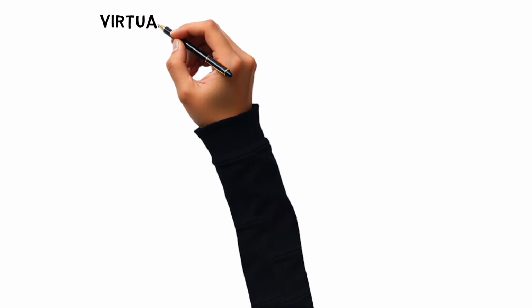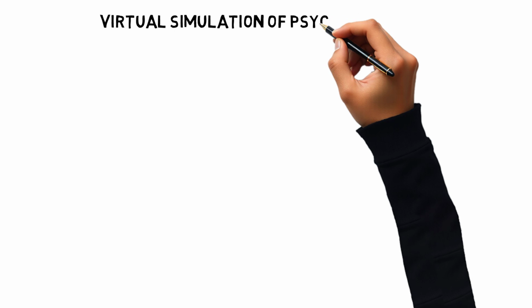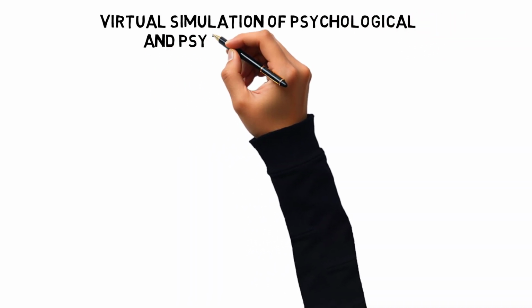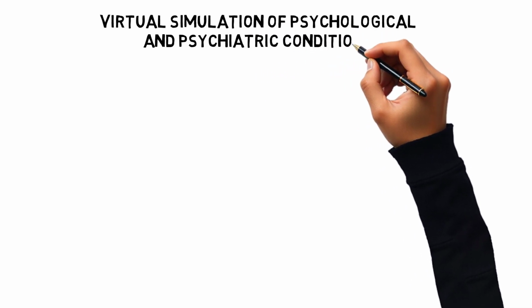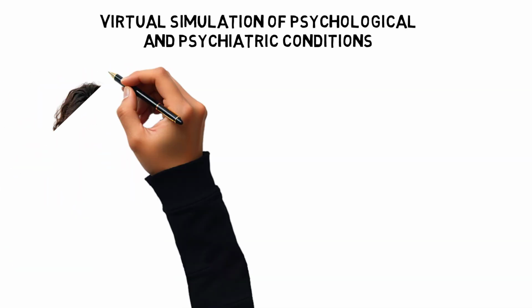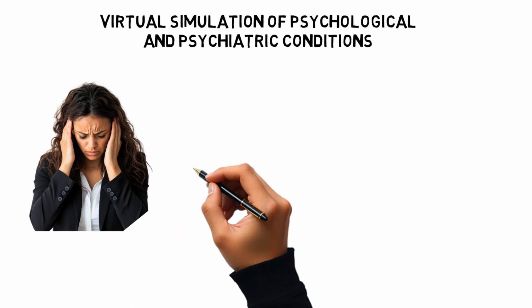Virtual simulation of psychological and psychiatric conditions. Psychiatric training often involves assessing patients who may not always present with straightforward symptoms. AI can simulate patients with various psychological conditions, such as depression, anxiety, schizophrenia, or personality disorders.